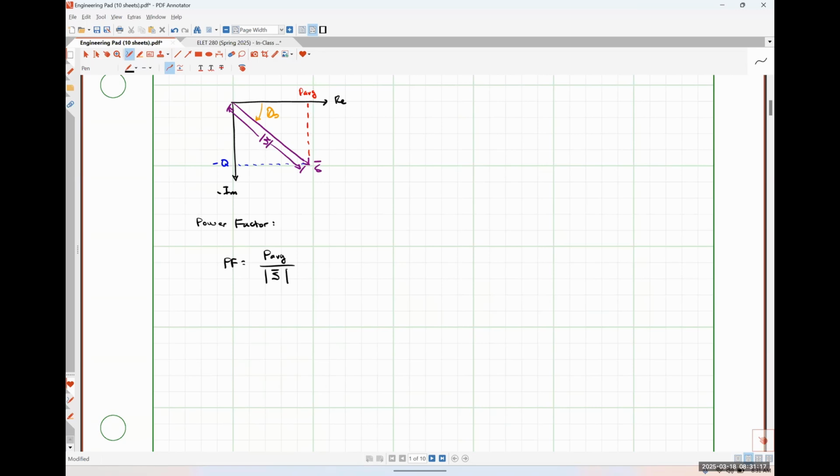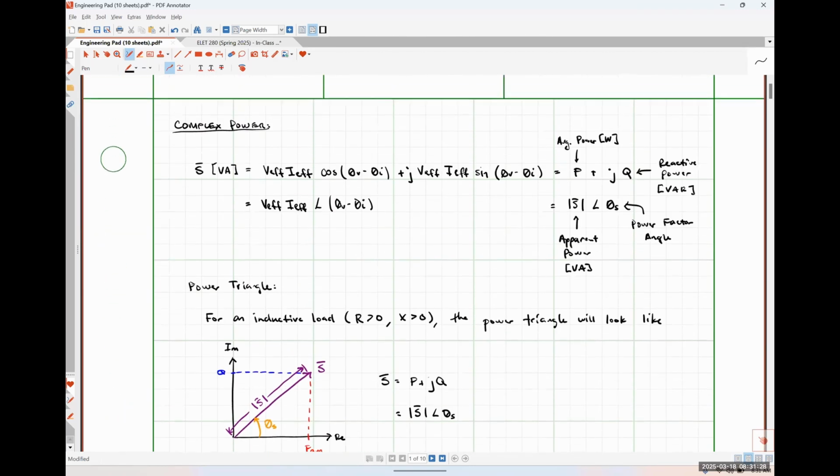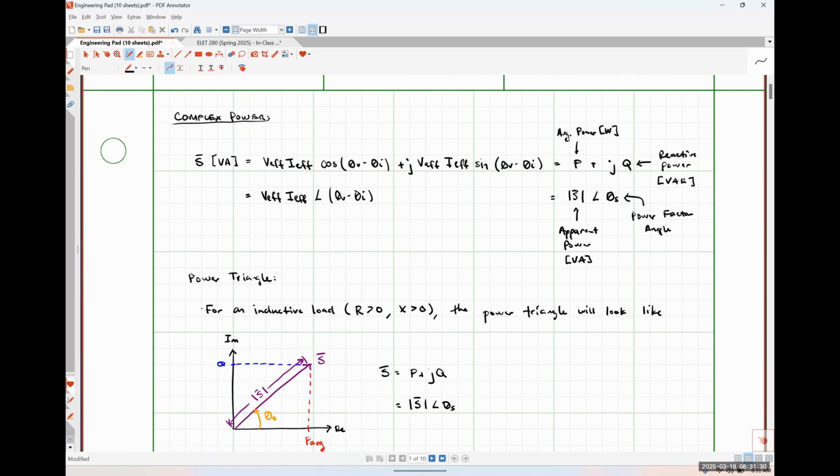So if we look at our mathematical definitions for average power and apparent power from class on Thursday, or actually we can look at just what we have up here. If this is my average power, and this is my apparent power, what's left over when I divide average power by apparent power?